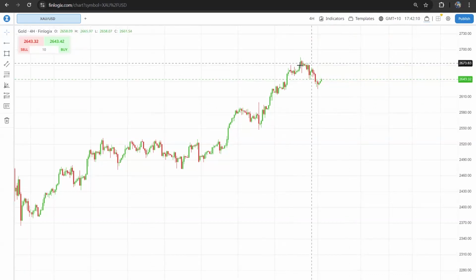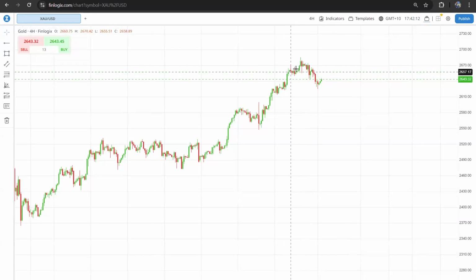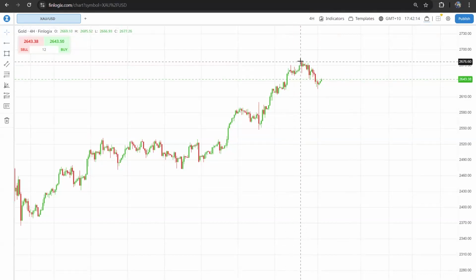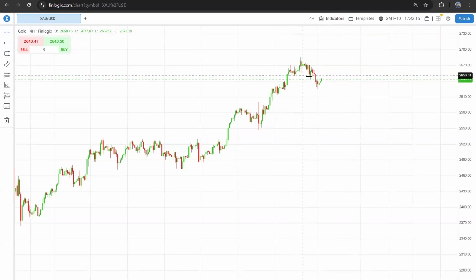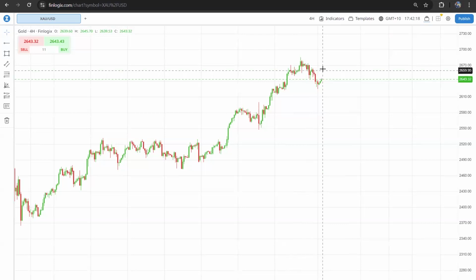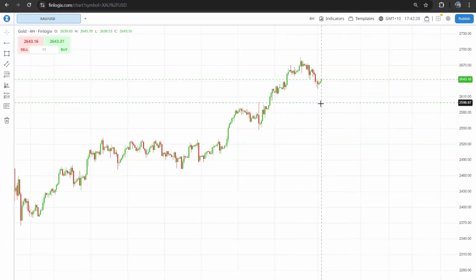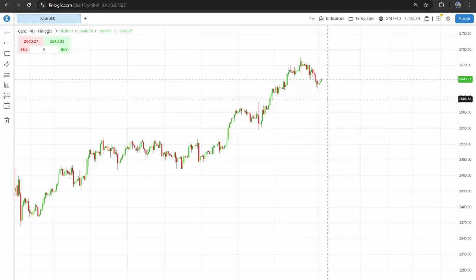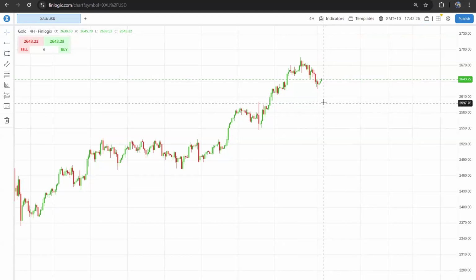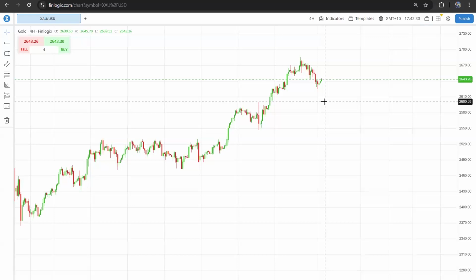I do believe that we have a change of character on top of this, a breakthrough to the top and then come back, break to the bottom, and now coming to retest somewhere between here and coming back to the levels of 2,600. Okay, 2,600 here.